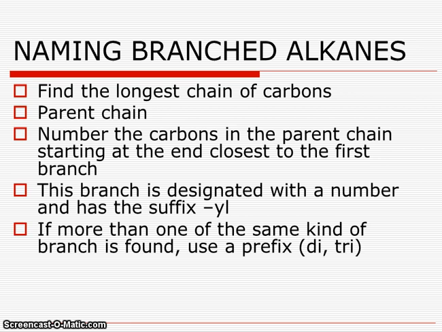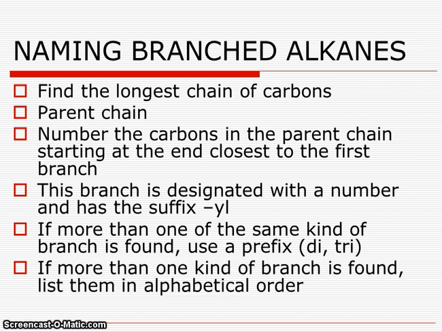Now, if there's more than one of the same kind of branch, then we're going to use prefixes like di and tri. So if there were 2 ethyl groups, we would refer to it as diethyl. Or if there were 3 methyl groups, we would call it trimethyl. If there's more than one kind of branch, they're listed in the name alphabetically.